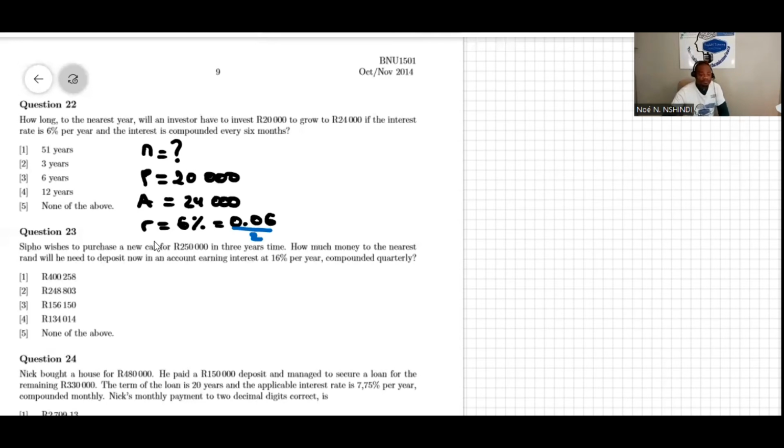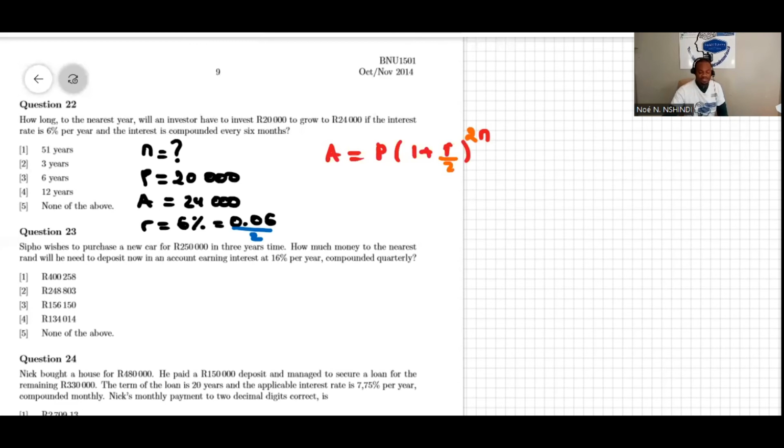The formula is that the amount is equal to the principal, open brackets, 1 plus the rate, all to the power of, in this case, because it is compounded every 6 months, there are 2 six-month periods in 1 year. So instead of just n, my formula will have the power 2n. And r is r over 2 because of every 6 months.